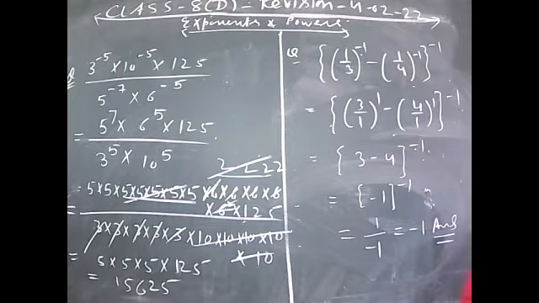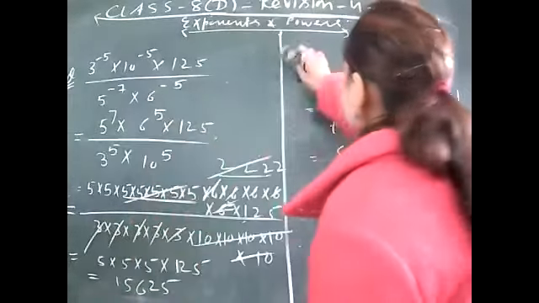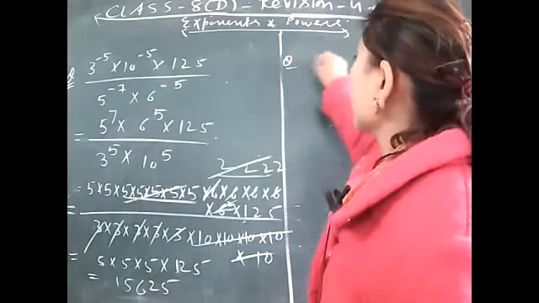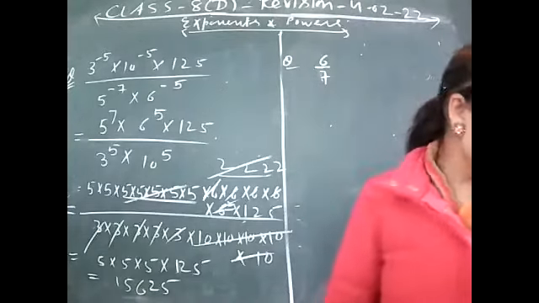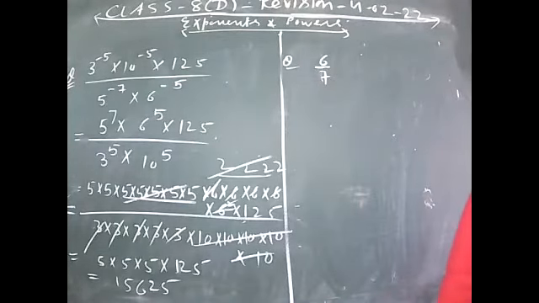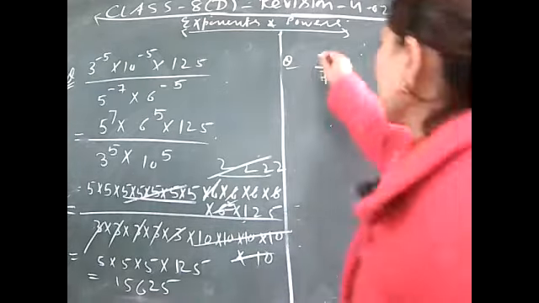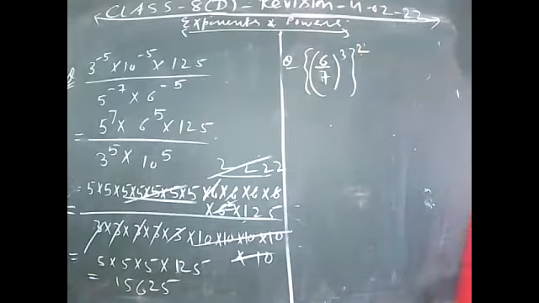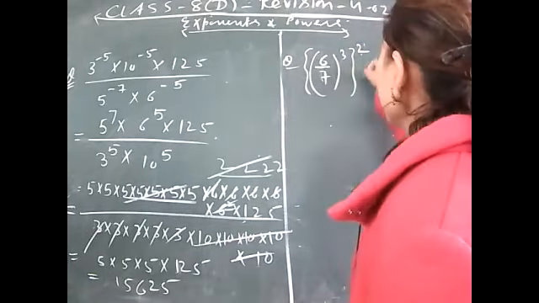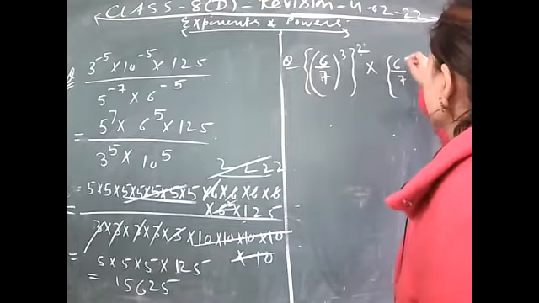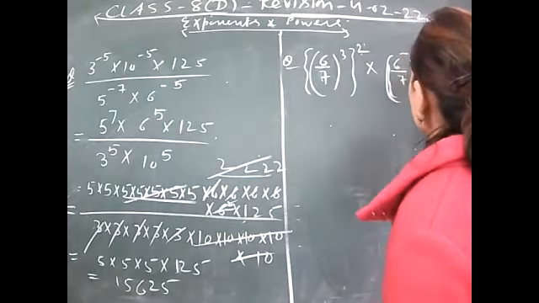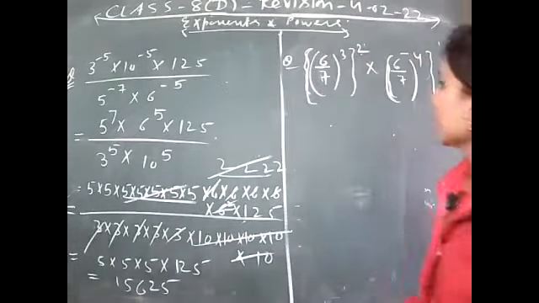Let us do the next question. 6 by 7 raised to power 3, raised to power 2, multiplied by 6 by 7 raised to power 4, sorry, raised to power minus 4. This is like this within the bracket.